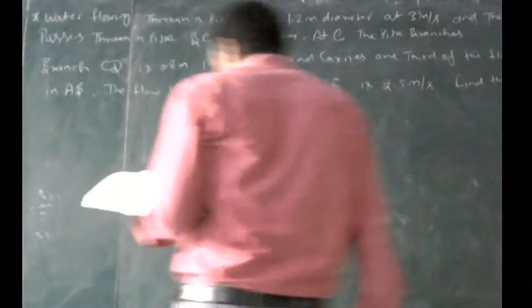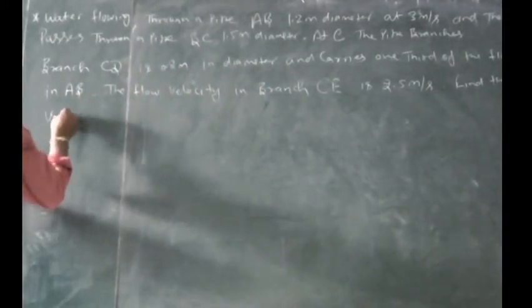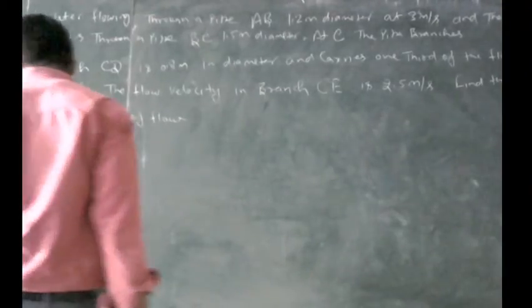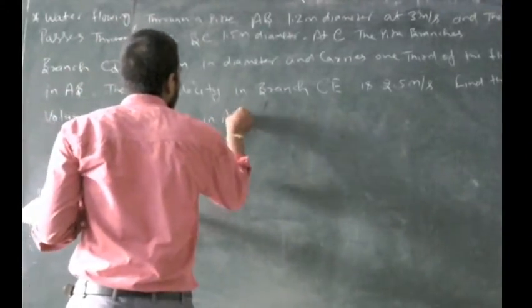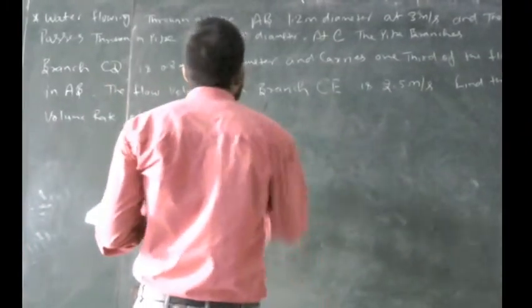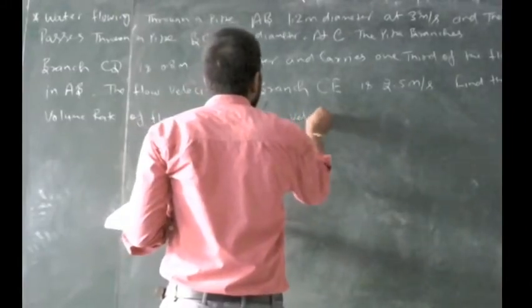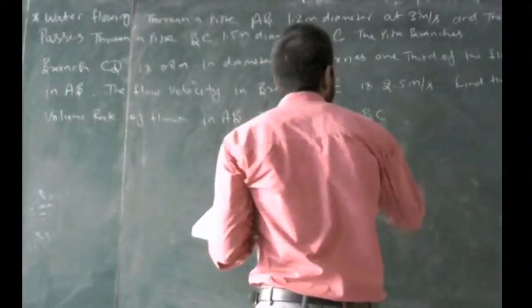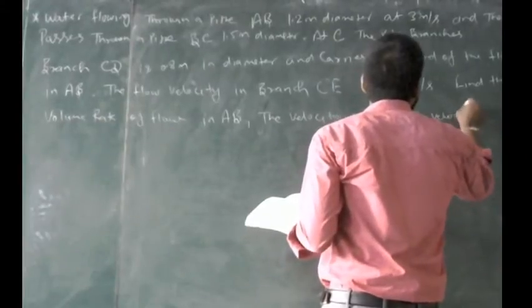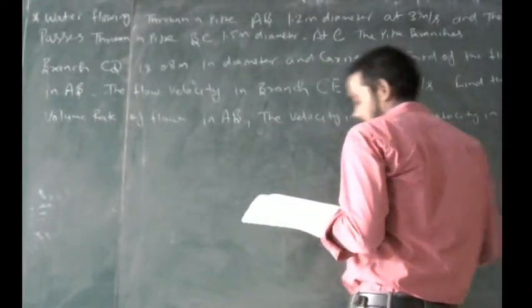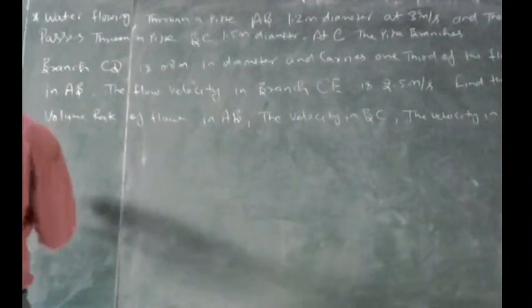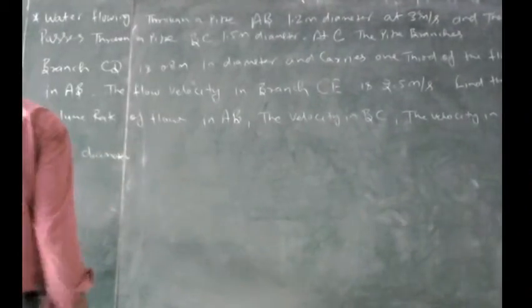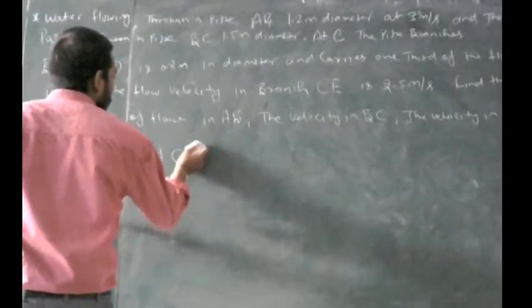Find the volume rate of flow in AB, the velocity in BC, the velocity in CD and the diameter of CD, and the diameter of CE.